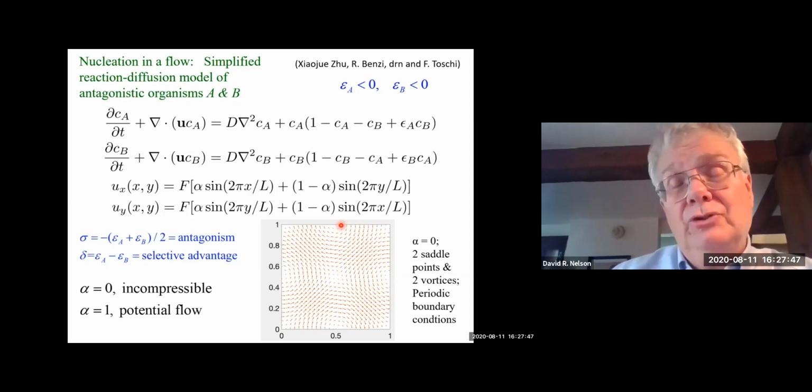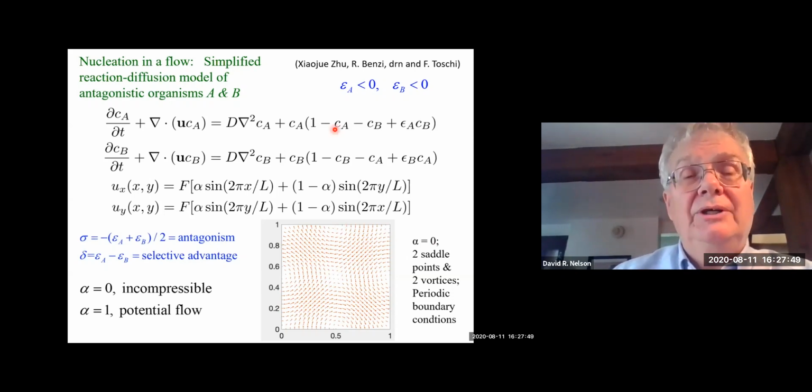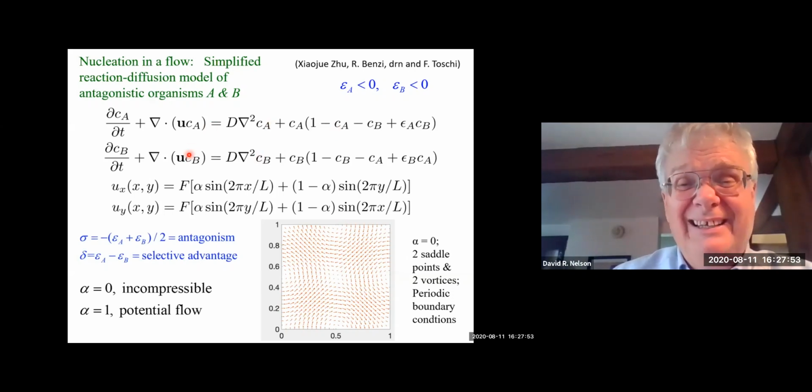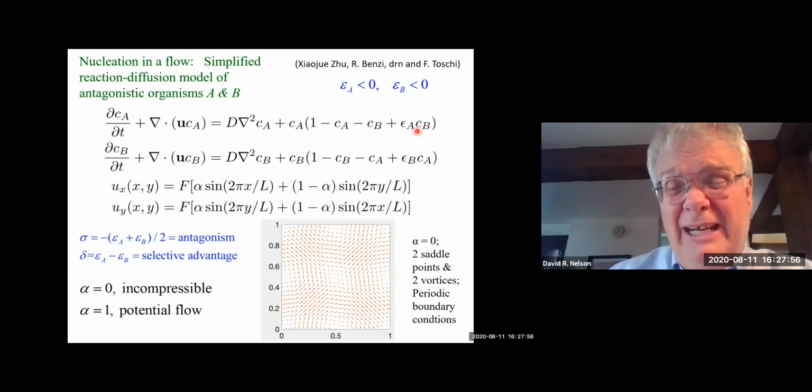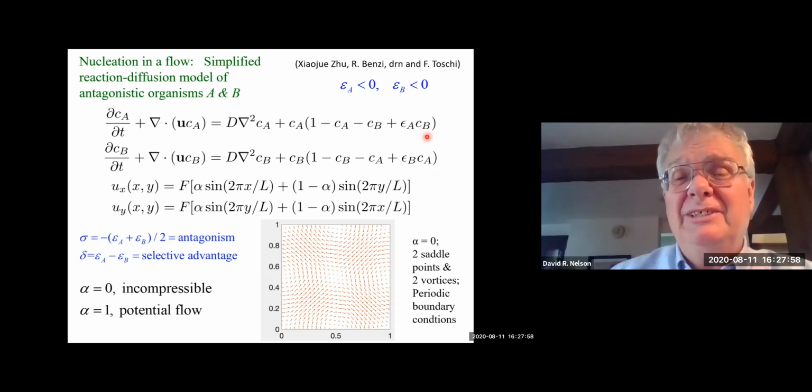And now I have sort of two coupled logistic equations, as well as diffusion, as well as advection. And the important parameters here that parameterize the antagonism are these epsilons. So these epsilons will tell you whether the growth rate goes up or down in the presence of the competing species.